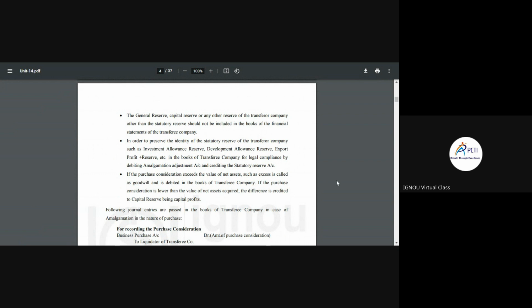So here are some general entries that will be passed in the books of the transferee company in the case of amalgamation in the nature of purchase. First of all, for recording the purchase consideration: business purchase account debit to liquidator of transferee company, and the amount will be shown as the purchase consideration.